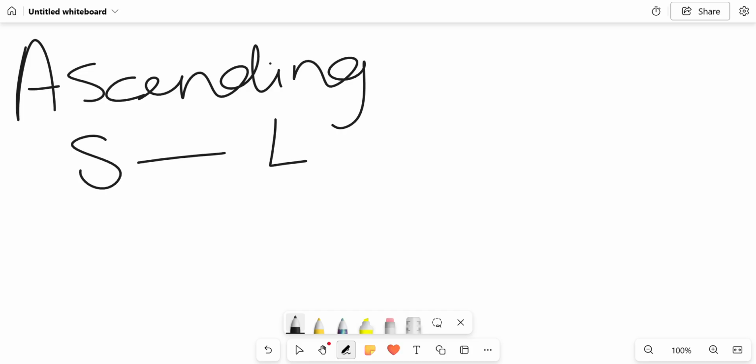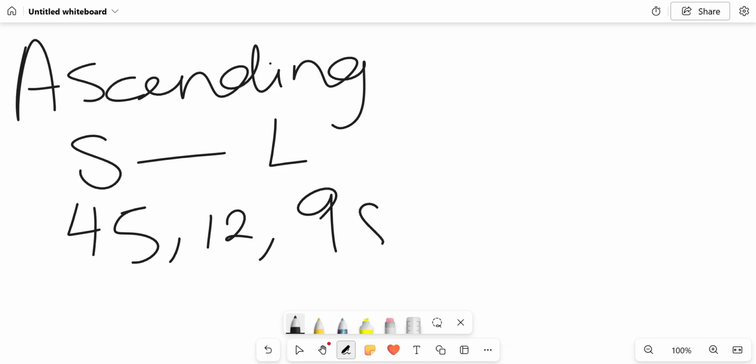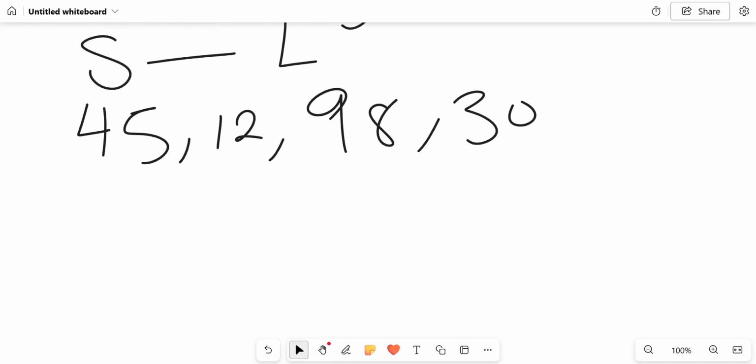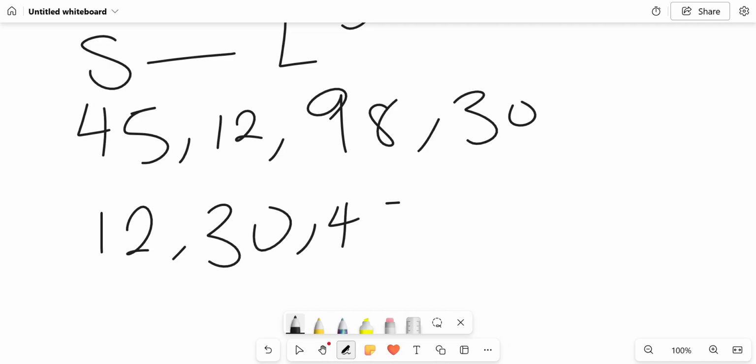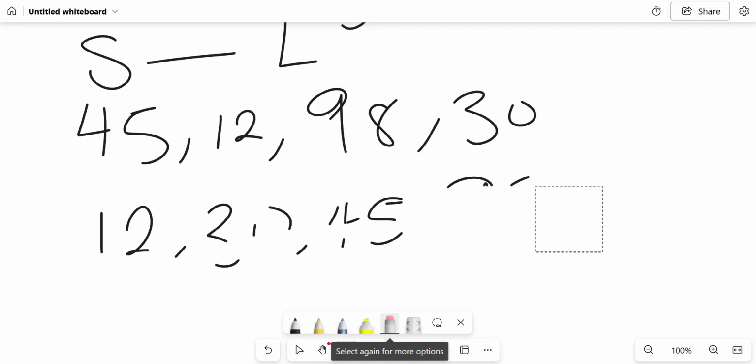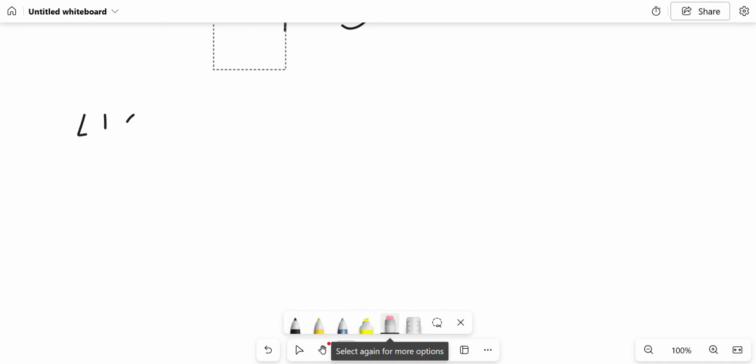For example, if you're given 45, 12, 98, and 30 to order from the smallest to the largest, it'll be 12, 30, 45, and 98. That is the first type of ordering of numbers.